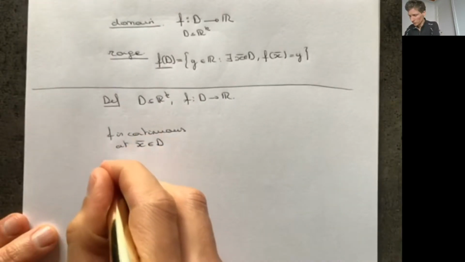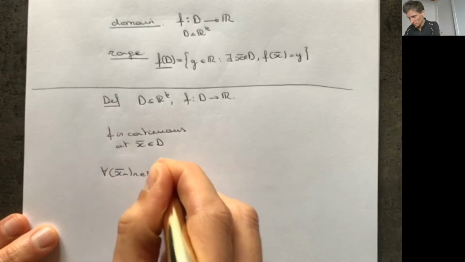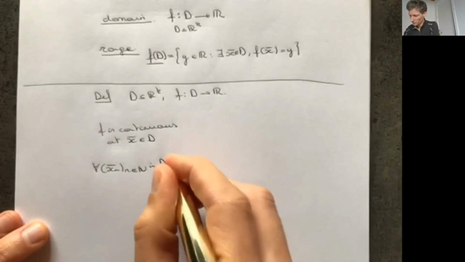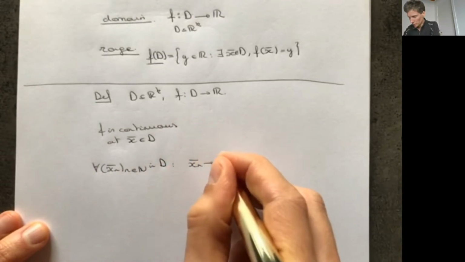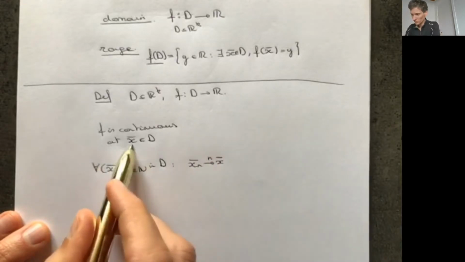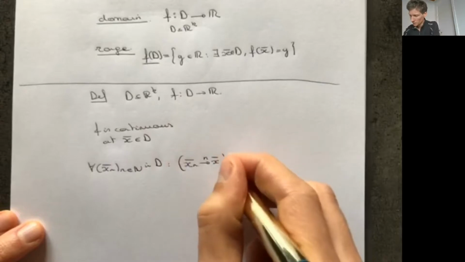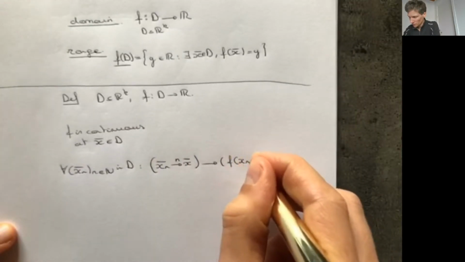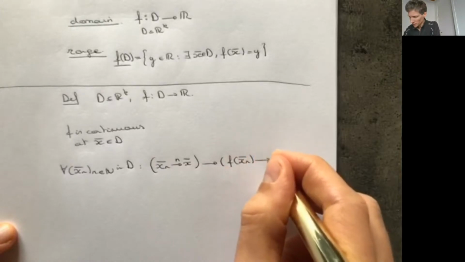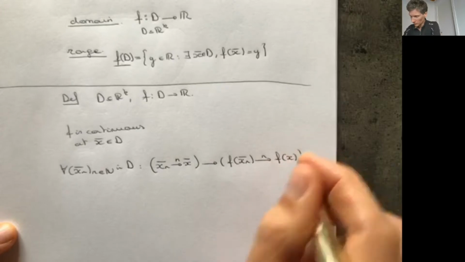For all sequences xn in the domain, if the sequence xn converges to x, which is this particular x at which f is continuous, then we have that f of xn converges to f of x.